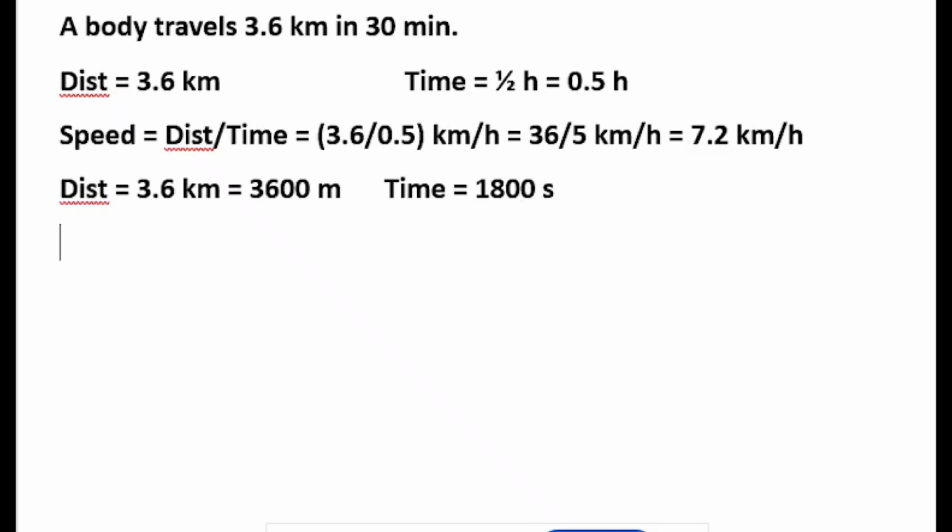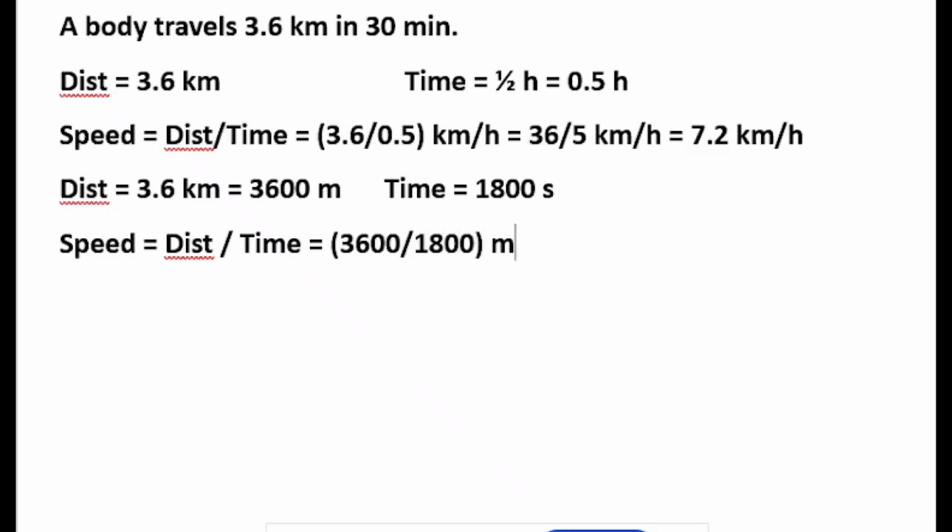So now you can say speed is equal to distance by time, equal to 3600 divided by 1800. That will give you 2 actually. 0 will cancel, 36 by 18, 2. That will give you 2 meters per second. Got it?